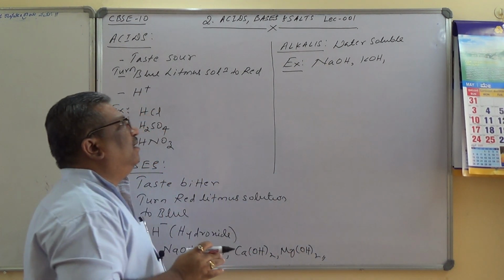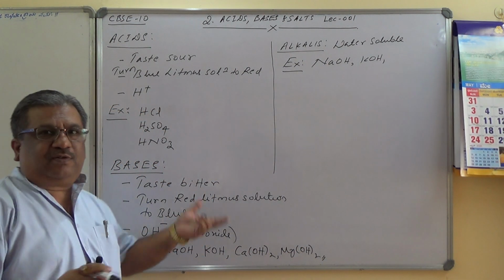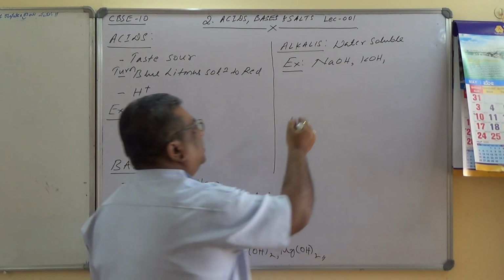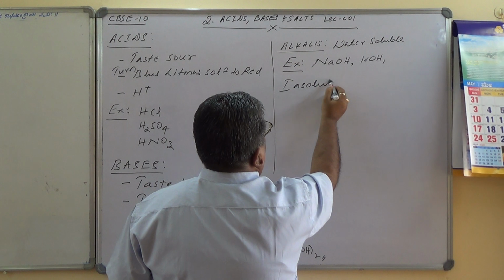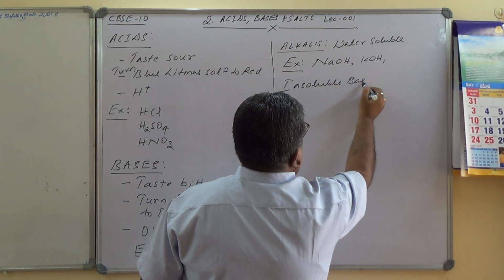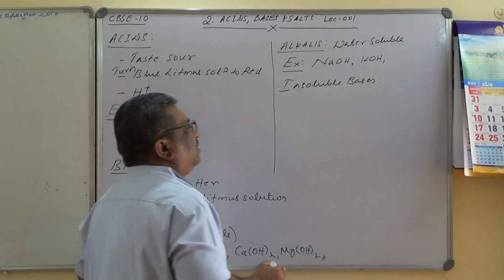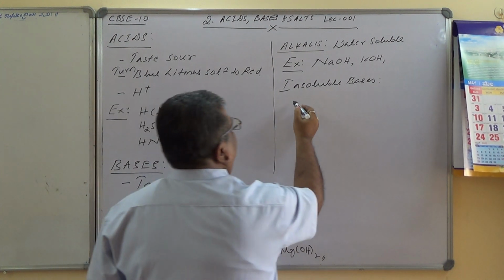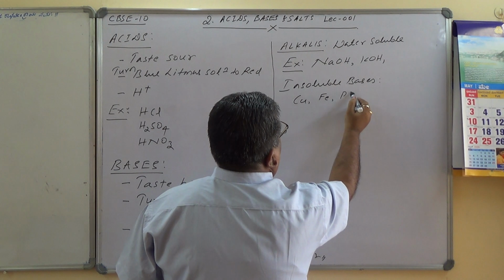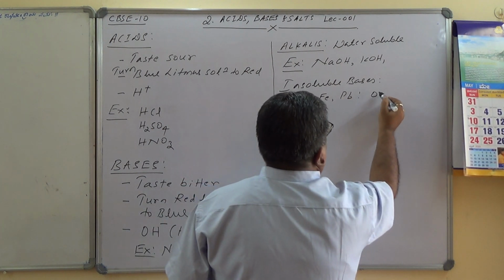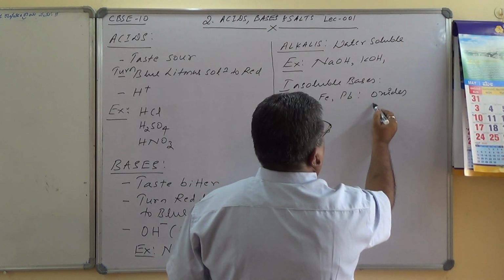If you ask me which are the bases that are not soluble in water, then we say insoluble bases, water insoluble bases. Copper, iron and lead oxides and hydroxides.